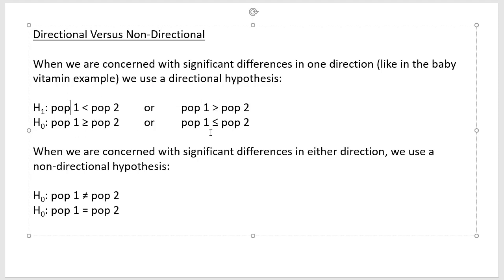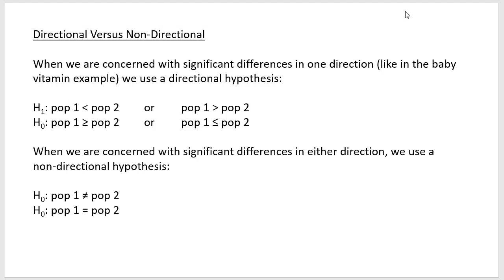When we're concerned about significant differences in either direction, we use a non-directional hypothesis. We're going to go on with an example that wonders if the baby walked at a different walking age than the rest of the babies, not higher or less than. We want to know if there's just a difference. So we're going to end up using this type of hypothesis set. Oh, I made an error.